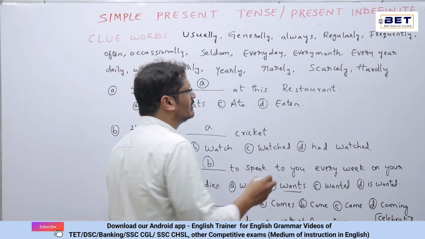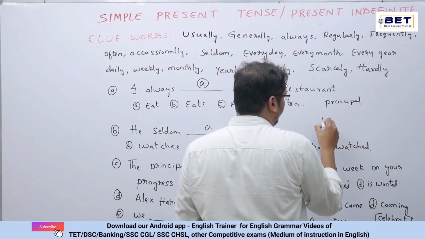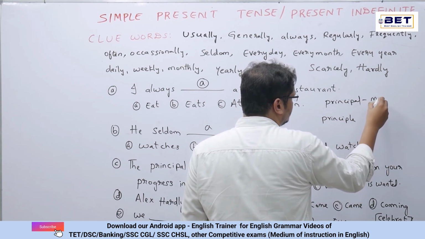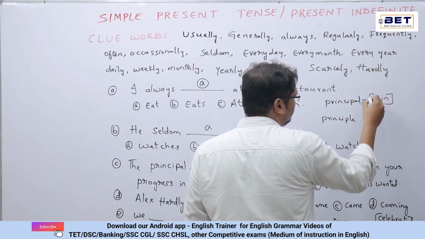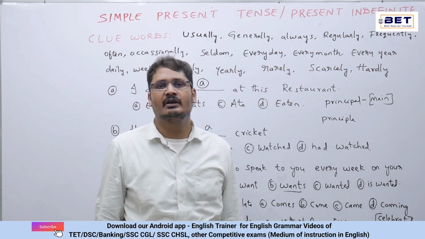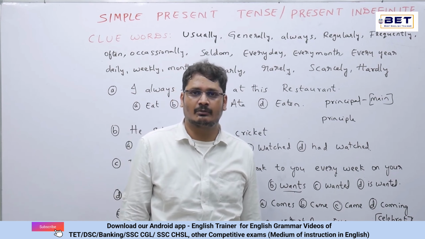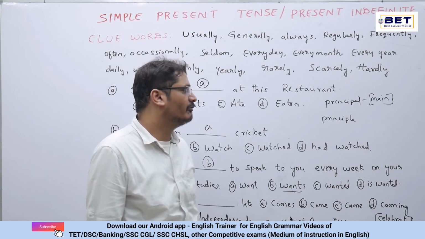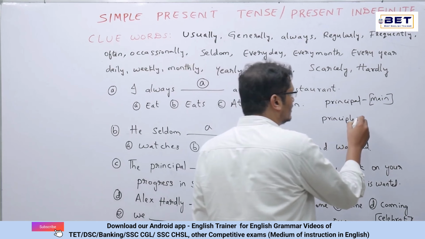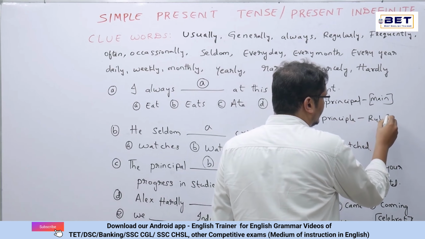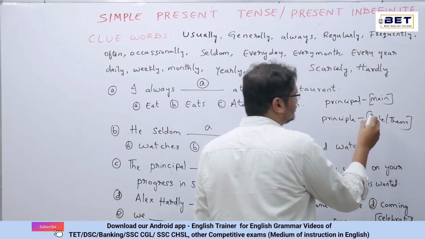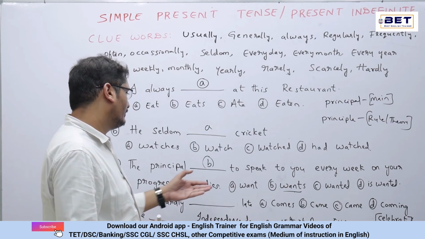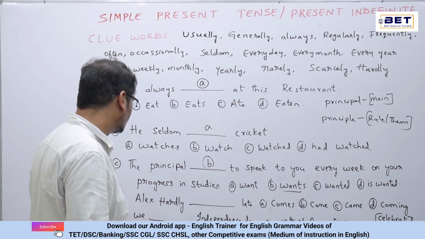Okay, we have 2 words over here, principal and principle. Principal is someone who is main, who is generally the main person with some authority. That person we are calling the principal. Next we have principle. Principle is something like a rule or theory. What is the answer for this? Option B, wants. Fourth question.